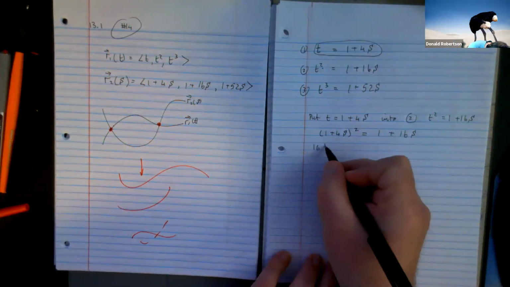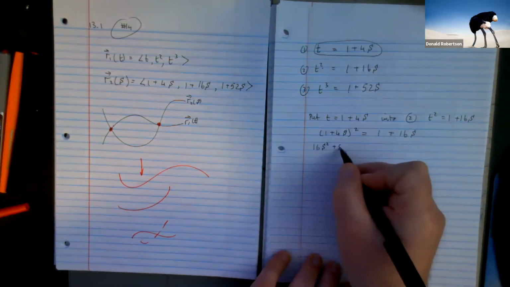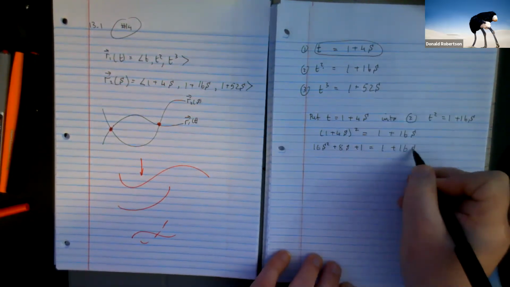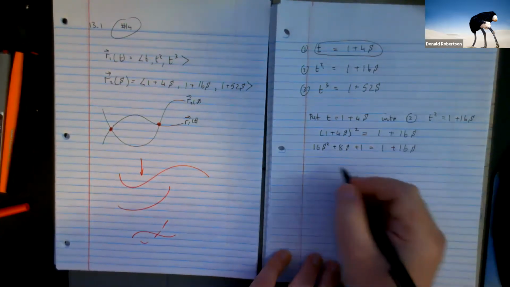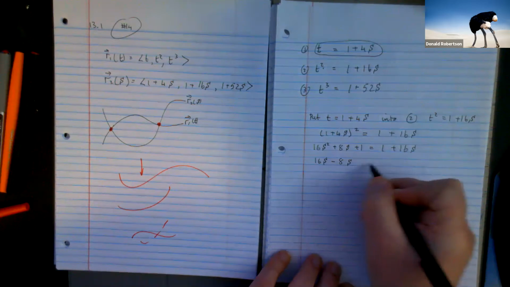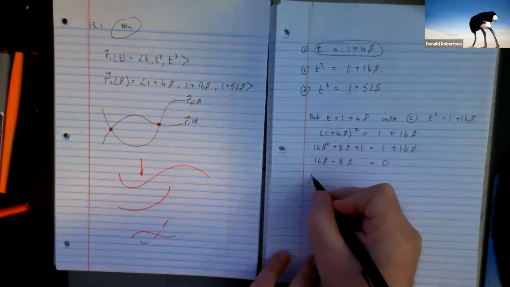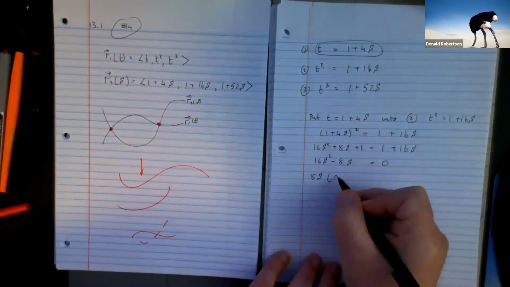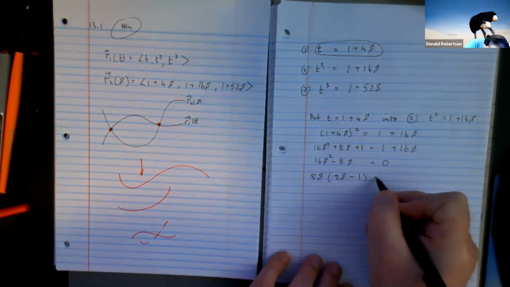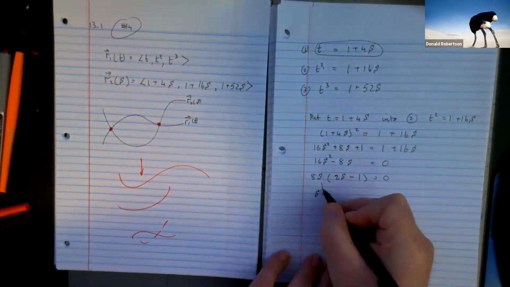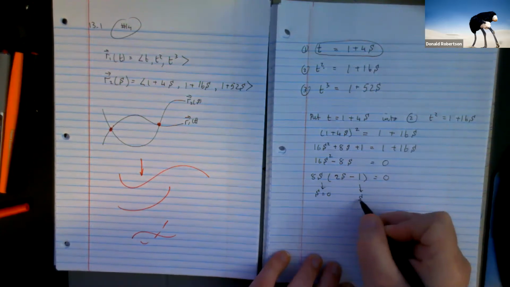This gets me 16s squared plus 8s plus 1, and it's still equal to that. If I subtract 1 and 16s from both sides, I believe you get that. If I pull out 8s as a common factor, I get 2s take away 1. And that gives me s equals 0. And this one gets me s equal to 1/2.